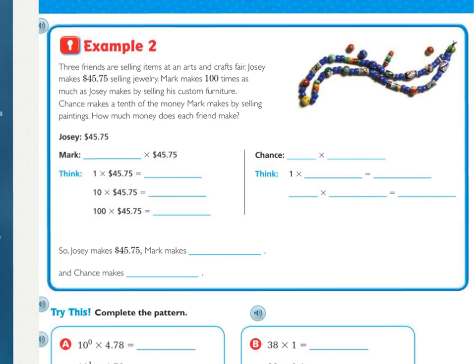Now we're being asked to find how much each friend makes, and we have our starting amount that we know, $45.75. I'm going to circle Mark is 100 times as much as Josie. And then we have Chance making 1/10 of Mark.